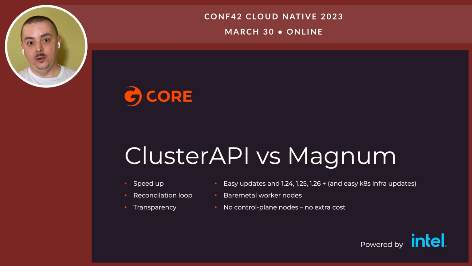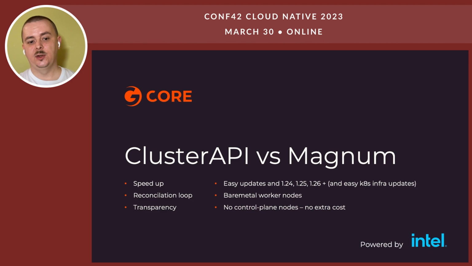We got the bare metal nodes, powered by Intel, and it's a great feature, and a lot of our clients wanted bare metal worker nodes, and now we have it because we created an infrastructure provider which can use bare metal nodes as worker nodes for Kubernetes.